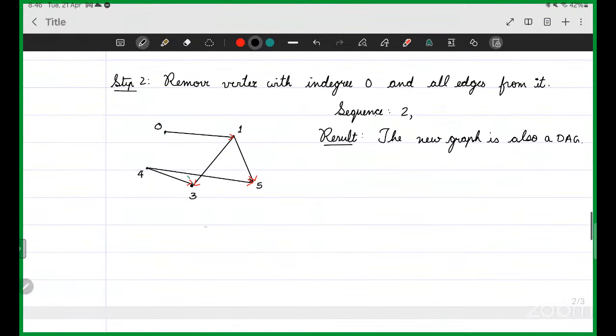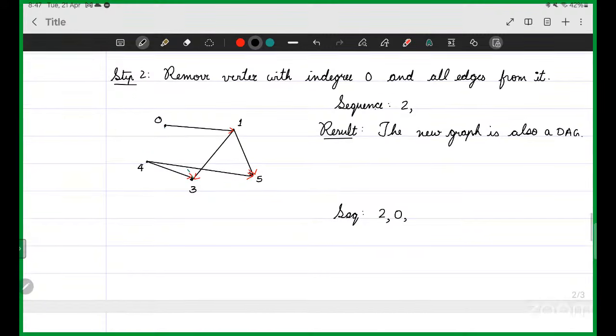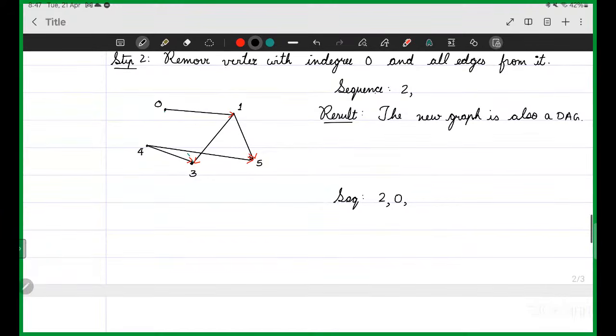So in the topological sorting sequence, I had 2. Now I will continue with 0. Now what does step 2 of the algorithm say?